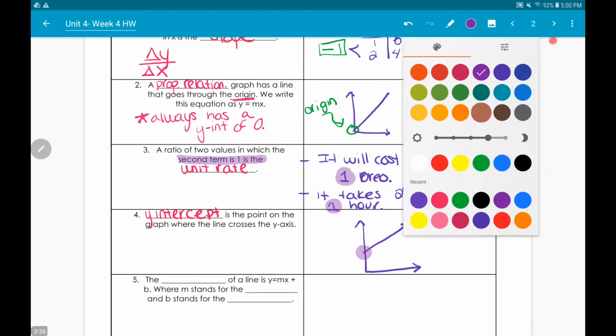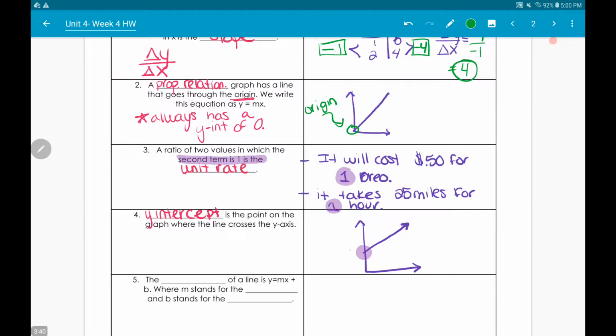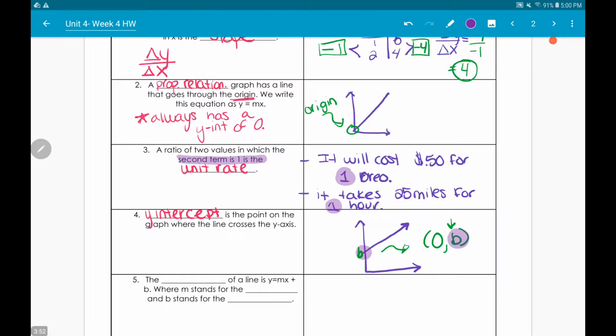So let's call this number, I'm going to make up a letter for it. Let's call it b. That coordinate is always going to look like 0, comma b. And this is our y-intercept. So no matter what number is that second number, that's what our y-intercept represents.